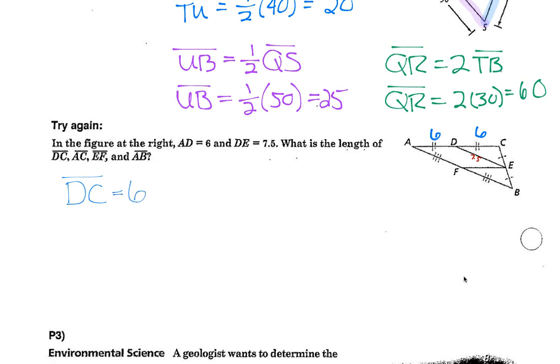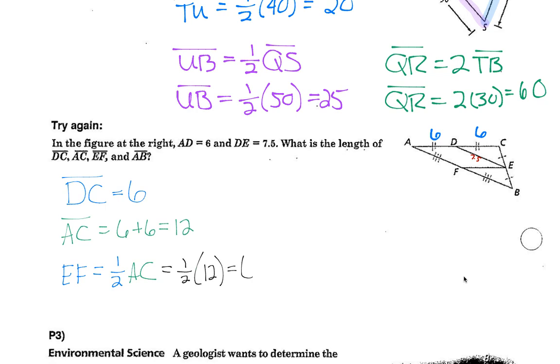So we got that. AC is just 6 plus 6, which is 12. EF is going to be half of AC. Which is 6.